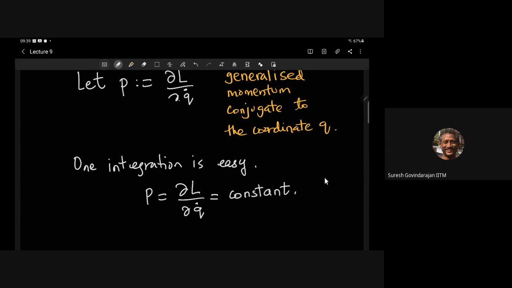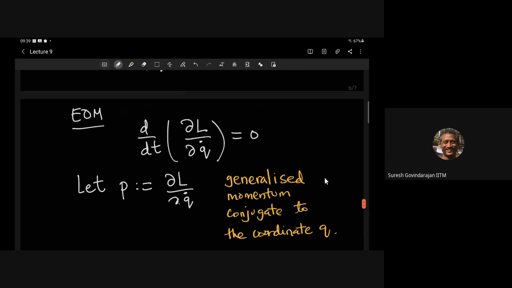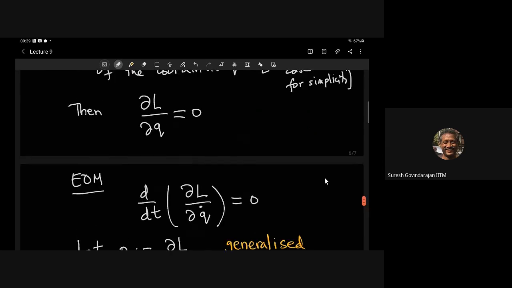So this is what follows. If you have many variables, say q1, q2, q3, q4 up to qn, and suppose the Lagrangian is independent of only q4, then there are many equations, but one of the equations will involve p4, which is dL by dq dot 4.